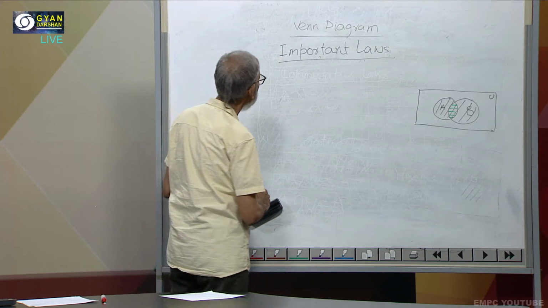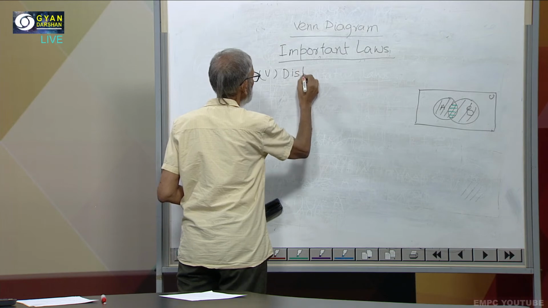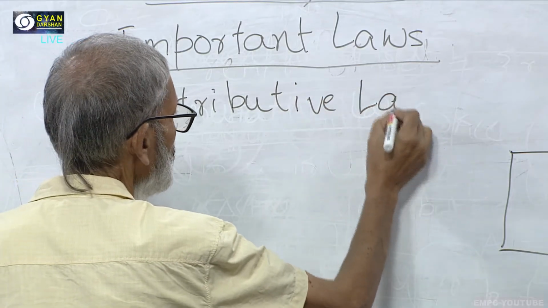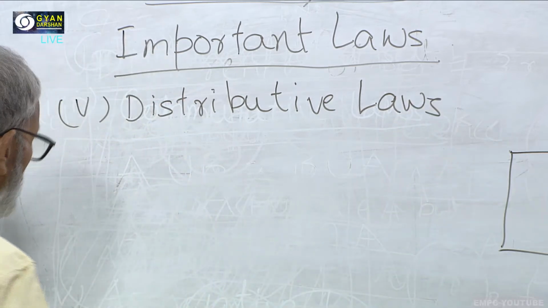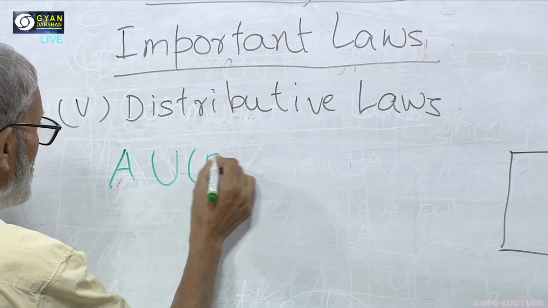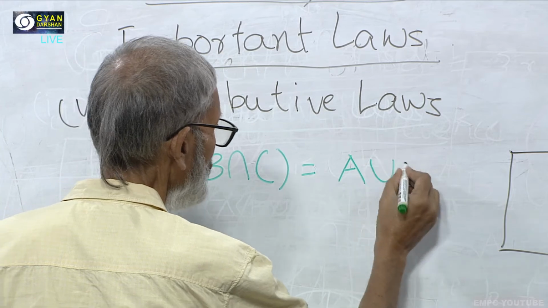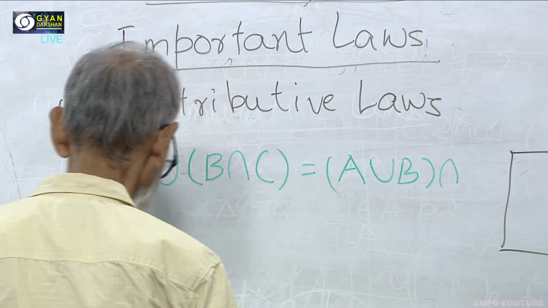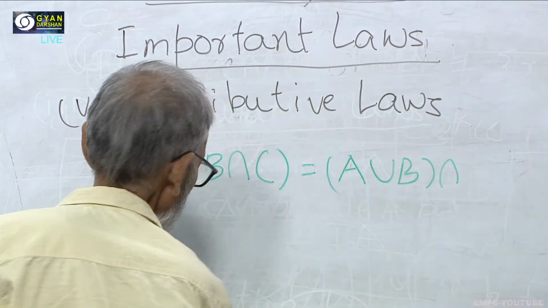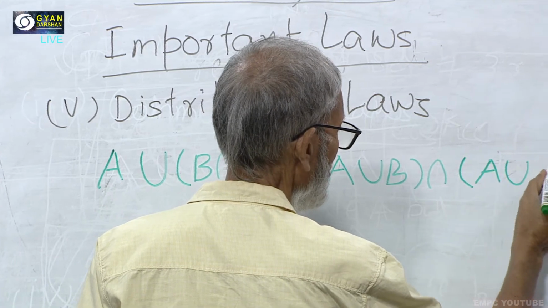Then distributive laws. It says A union (B intersection C) will be equal to (A union B) intersection (A union C).